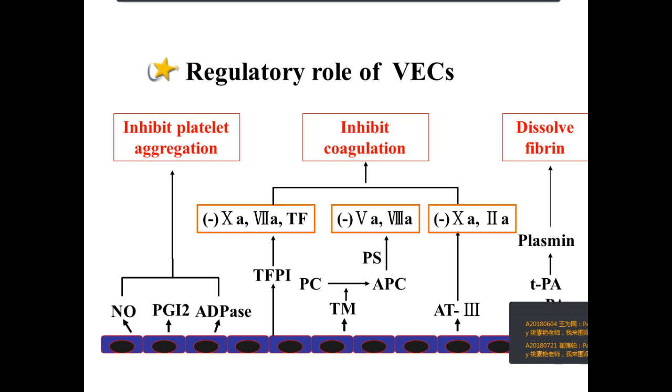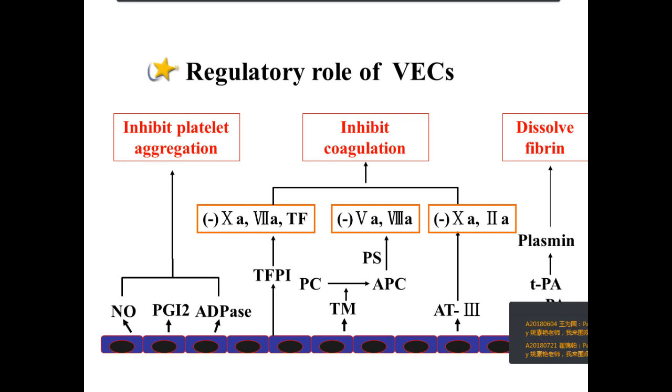The second, damaged VEC release less TFPI, less TM, and less antithrombin 3, so anticoagulation function decreases and coagulation function increases, so maybe hyper DIC.